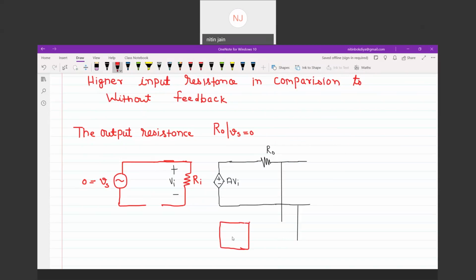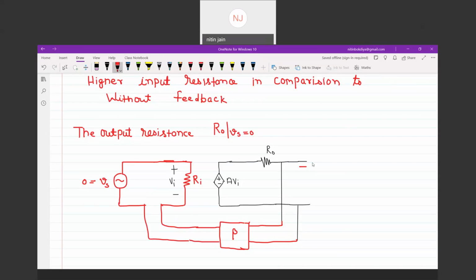This will act as the beta network, and the output of this is connected to this. This is the whole network.